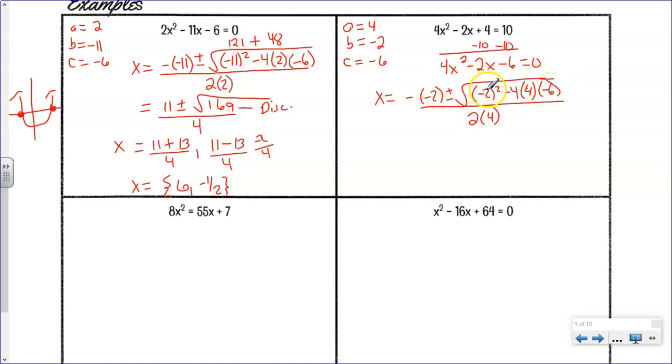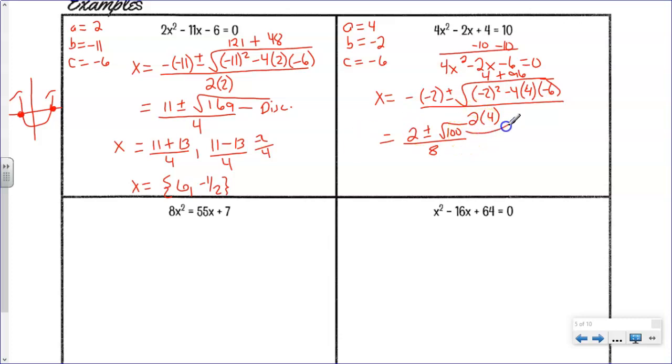Notice b goes in twice, a goes in twice, but c only has one spot. Okay? Negative times a negative is positive 2, plus or minus. So come back up here, we have 4, negative times a negative is positive. 4 times 4 is 16, times 6 is 96. 96 plus 4 would be the square root of 100, and that's going to be over 8.